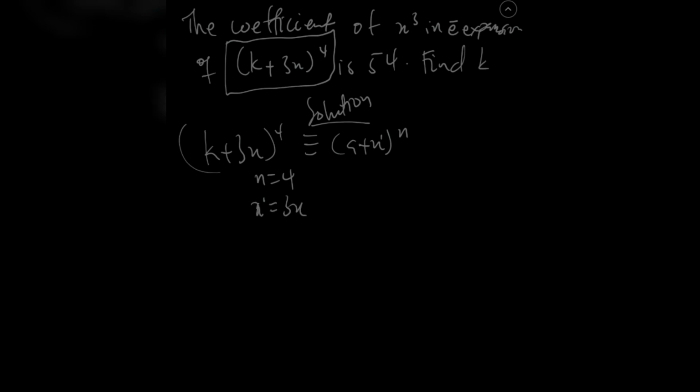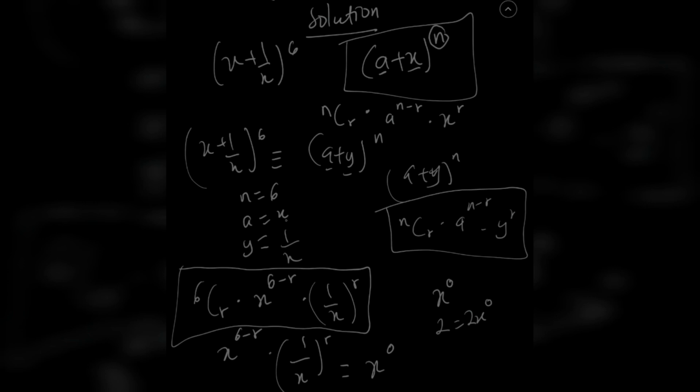Now you just have to look for the term that contains an x. The reason why the value of a over here was x is because both terms contain an x. So when it happens like that, you can give it out to any one of them. For this question, a could have been 1 over x and then y could have been x. We would have still gotten the same answer. Okay, so that was just by the way.